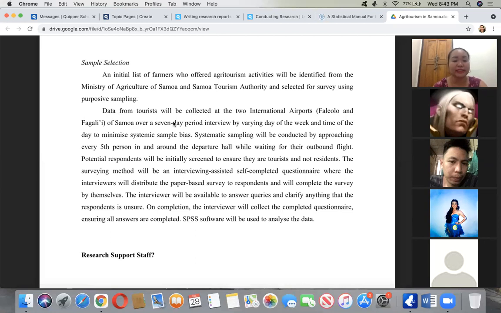And over a 7-day period, interview by varying day of the week and time of the day to minimize systematic sample bias. So, even that, no, yung time frame is stated. Like in 1 week, talaga, we conducted the interview. And we scheduled kung ano yung mauuna, which agency and which farmer. And it should be varied enough para walang bias.